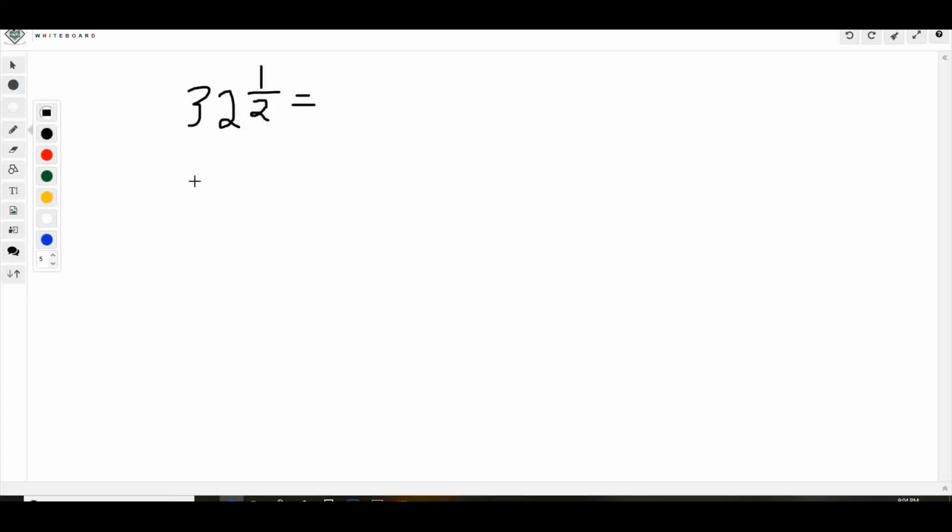So 32 times 2 is 64, plus 1 would be 65 halves. Okay, and then once you divide that down, you're going to come out with 32.5, because that's 32.5%. So that would be the first thing to do, would be to change the fraction into a decimal.